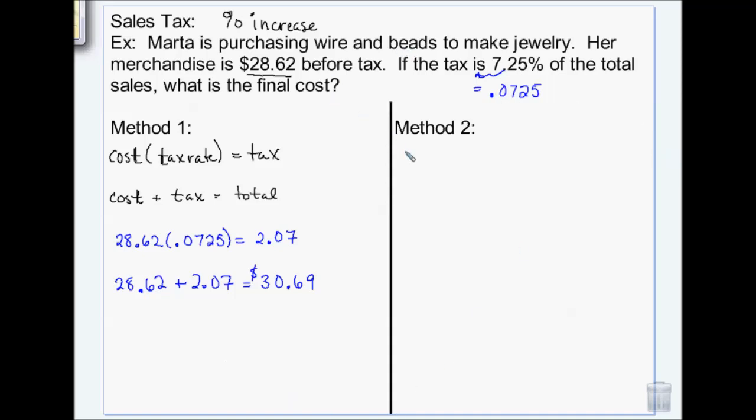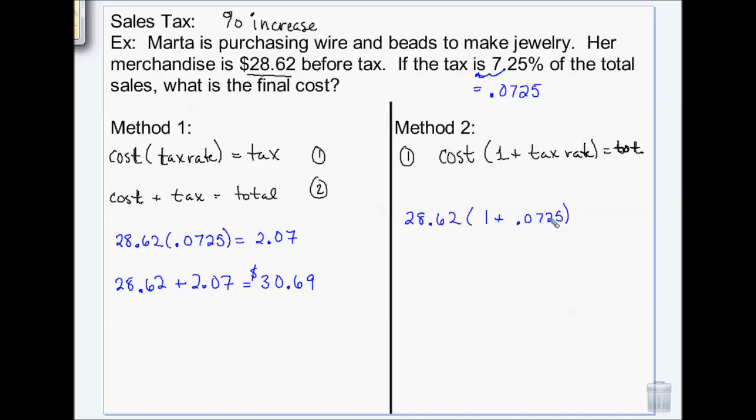Now in method 2, so here we have 2 parts, right? Part 1 and part 2. In method 2 we have 1 part. We take the cost and we multiply it by 1 plus the tax rate. And that equals our total. So for the same problem, we take that $28.62, we multiply it by 1 plus 0.0725, which you don't even have to write this step in if you don't want to.